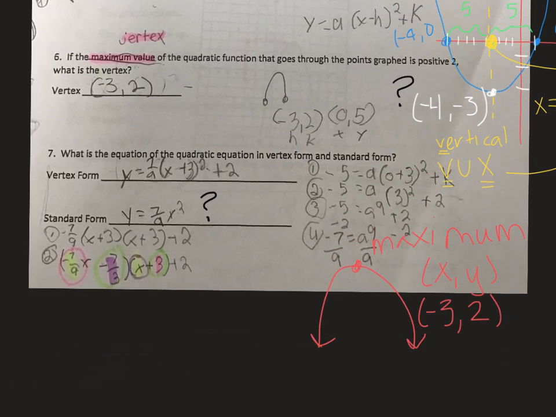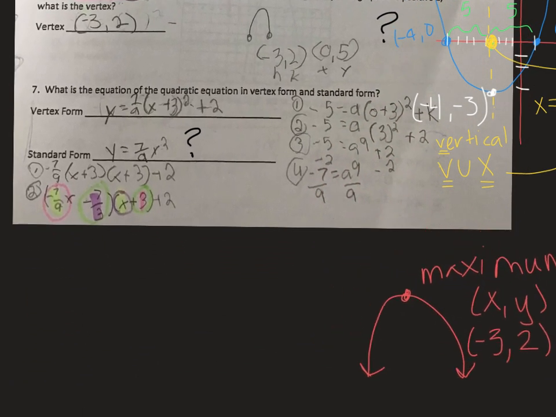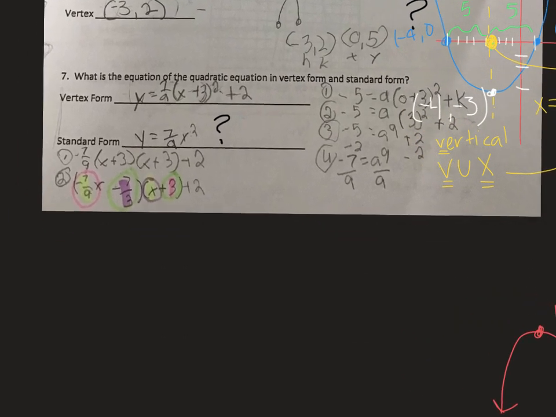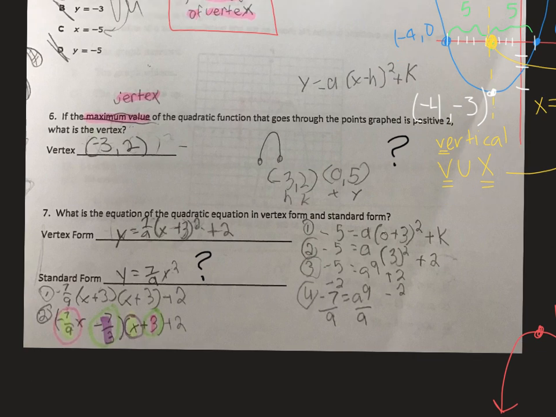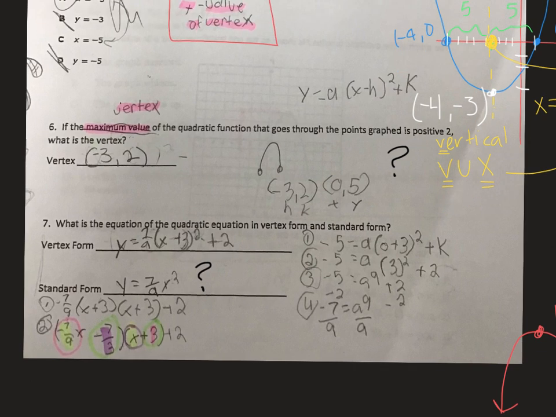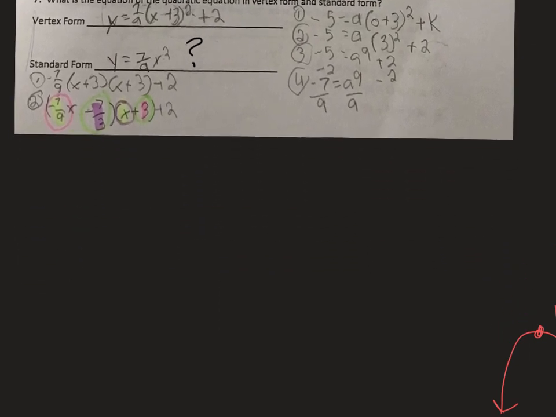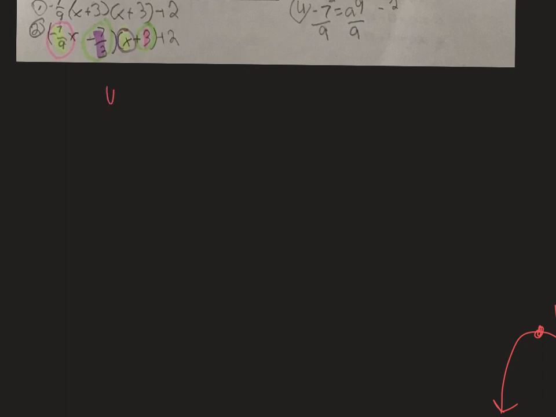Okay, so what is the equation for the quadratic equation in vertex form and standard form? So far, remember that your vertex is your h and your k, and you've got this written down. So let's take that. So y equals a(x minus h) squared plus k, and the vertex was at -3, 2.